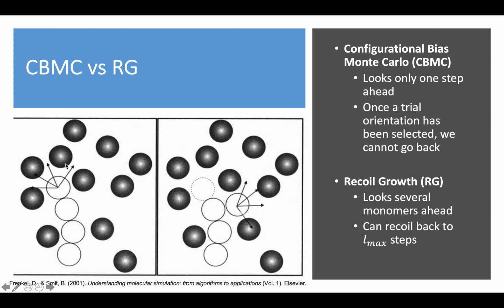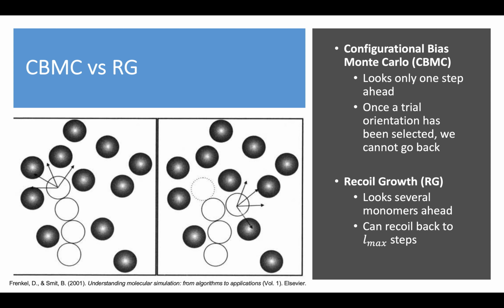At high densities or with very long chains, one can easily see how dead alleys would occur more frequently. In those cases, of course, configurational bias Monte Carlo would be quite inefficient. With this idea in mind, Recoil Growth tries to solve this issue by having the possibility of recoiling back a given number of steps and searching for a new open configuration to grow on.